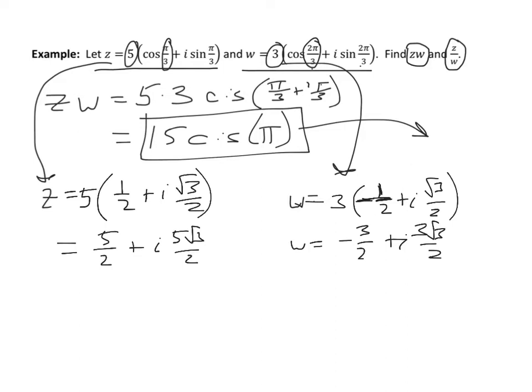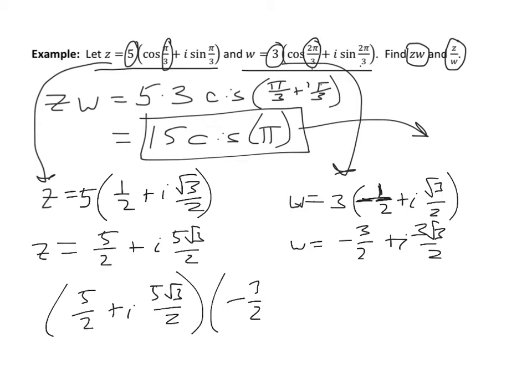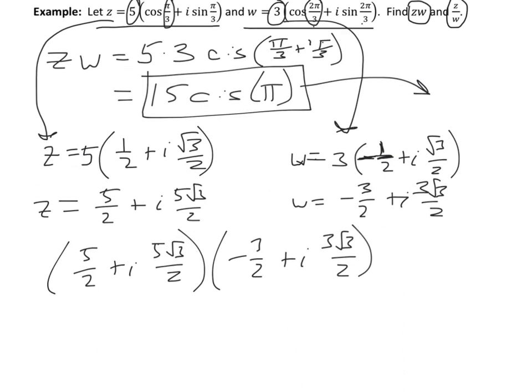So if I multiply these two things together, if I multiply 5 halves plus i 5 root 3 over 2 with negative 3 halves plus i 3 root 3 over 2, I'm going to need a little bit more space here. If I work through and do this, these two things together are going to be negative 15 fourths.